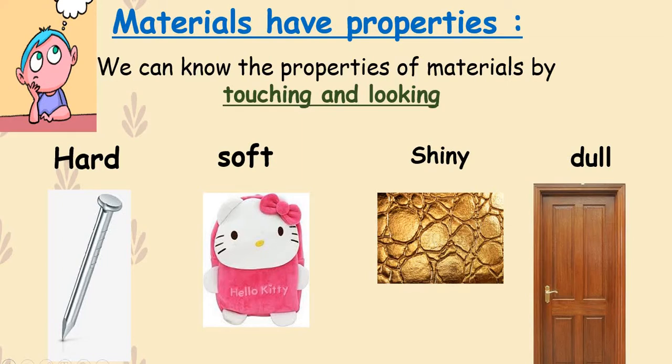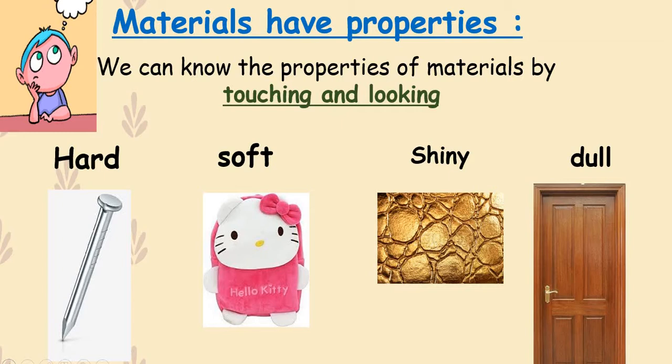When you look at the object, you can know the properties of it, or when you touch it. Okay, like what? Here, look at the photo. The nail. When you see the nail and when you touch it, you will feel that the nail is hard, the nail is strong, right?